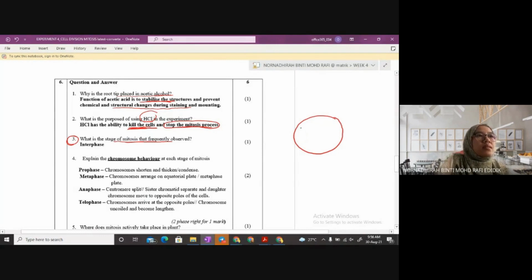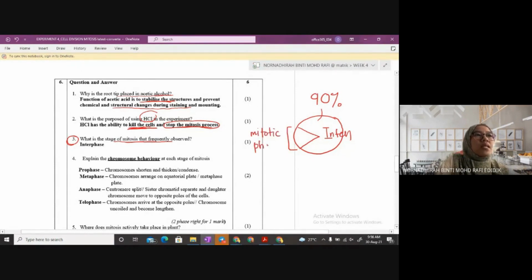Then kita akan ada interphase. Interphase ni lah sebenarnya paling lama sekali. This one is cell cycle. 90% of cell cycle is actually interphase. And then 10% nya adalah mitotic phase.